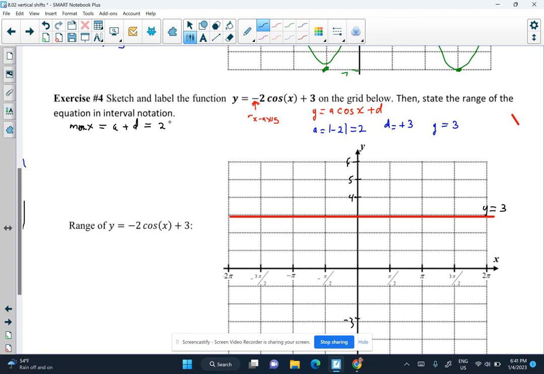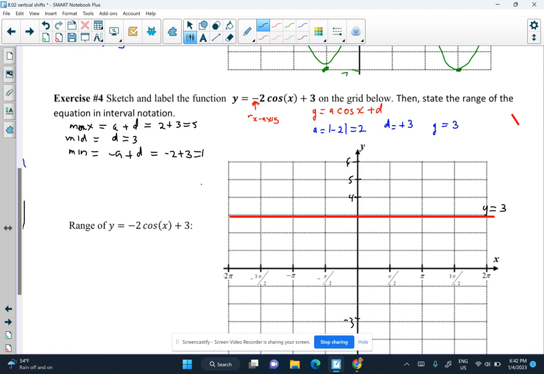So it's 2 plus 3 or 5. Our midline value is just whatever the midline is. So it's going to be d or 3. And our minimum value is the distance below the midline. That's why it's -a. That's why you're negating it, plus d. So it's -2 plus 3 or 1.